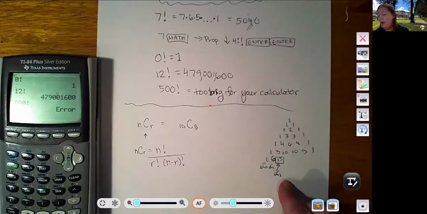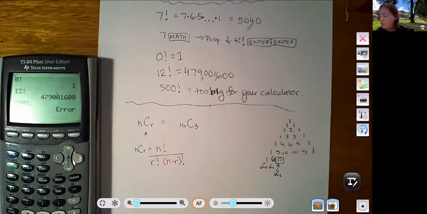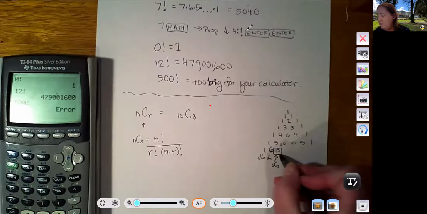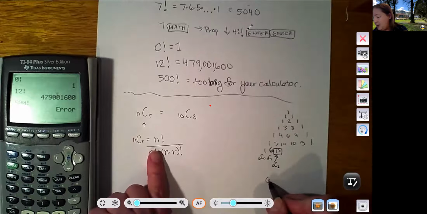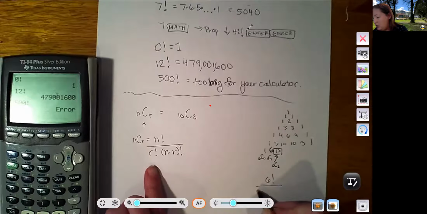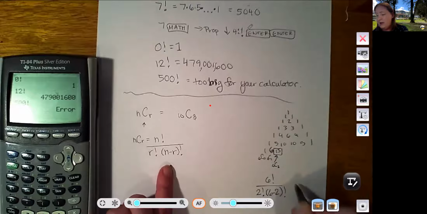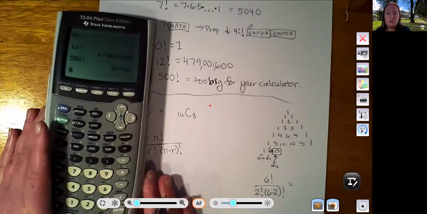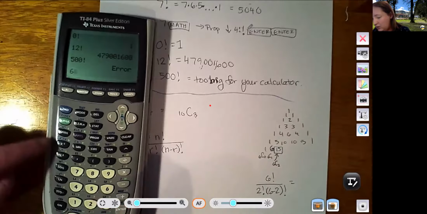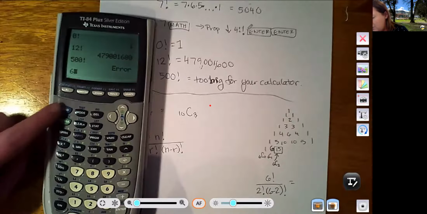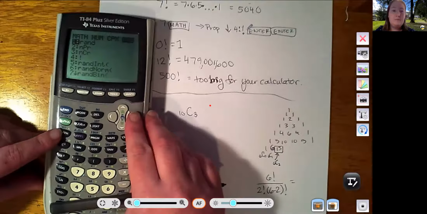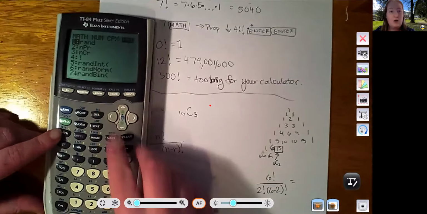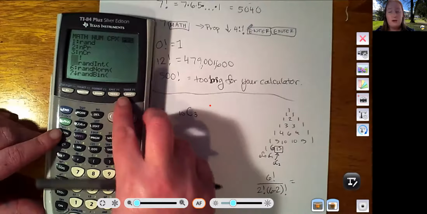So let's go ahead and calculate 6C2 and 10C3. So again, for 6C2, you could have also done the n, which is 6 factorial, divided by r, which is 2 factorial, and then 6 minus 2 factorial. And so to do that with your calculator, you can do 6 factorial, which is under the math, over to probability, and down to option 4.